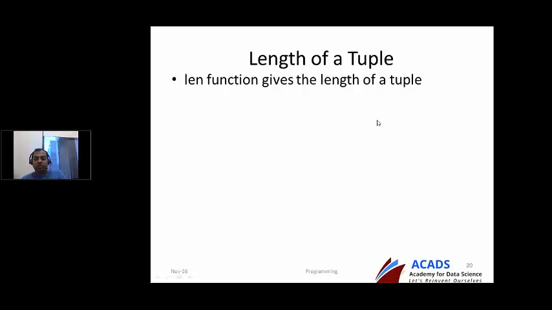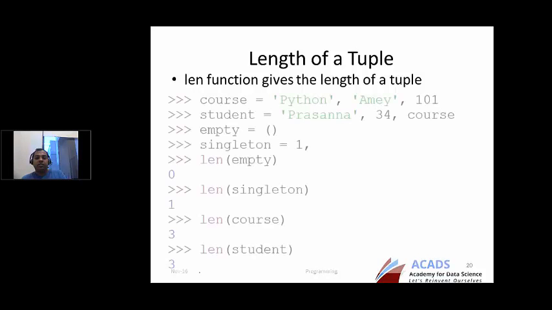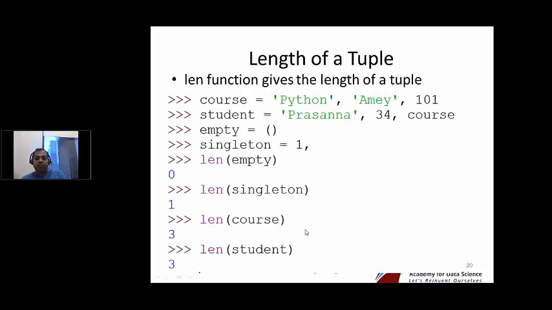And this was also discussed in the tutorial, that similar to strings, we can apply the length function to a tuple and it gives you the number of elements in the tuple. So in this case, length of course is 3 because I have 3 different values. Length of student is also 3 because even though it contains the course tuple inside it, the number of elements in student is just 3.